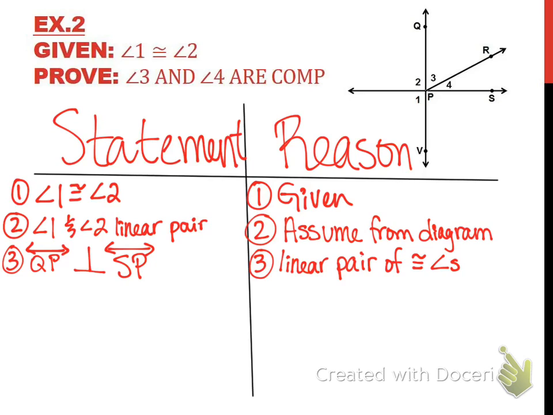If they're next to each other, they share a vertex and a line, then they are called any angles that would share a common vertex and a common side. They're adjacent. So we could say that angles 3 and 4 are adjacent.